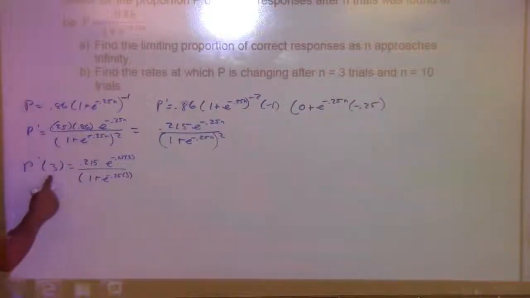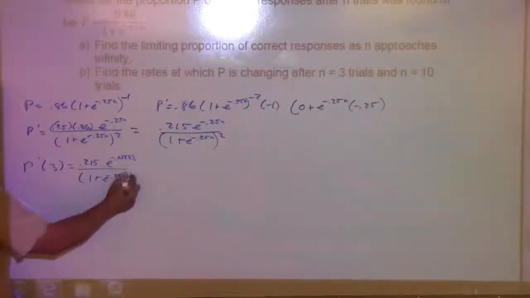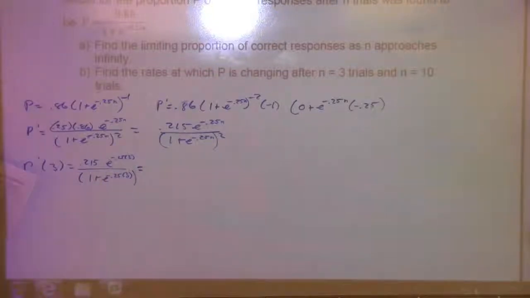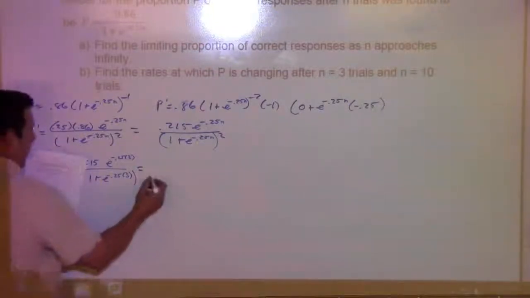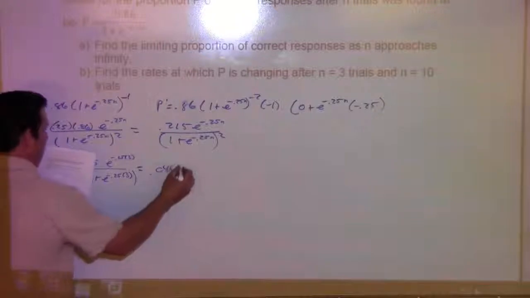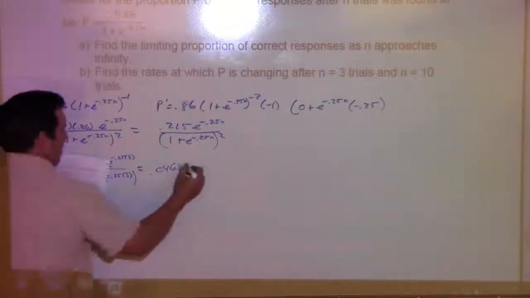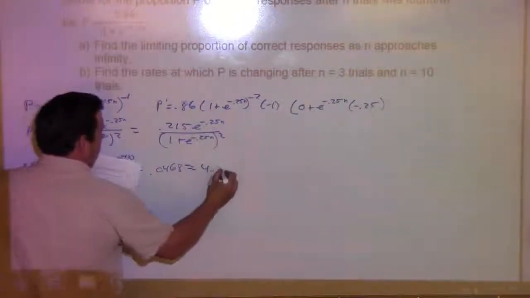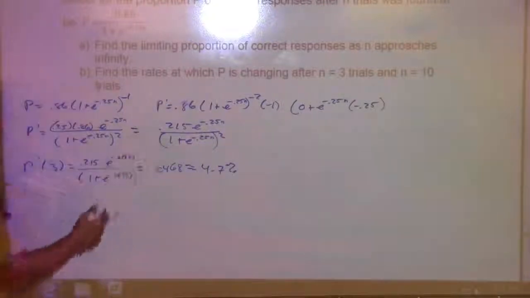So p prime of 3, I'm putting 3 in place of the n's. In this case, we have 0.0468, which is approximately 4.7%. That's the rate it's improving.